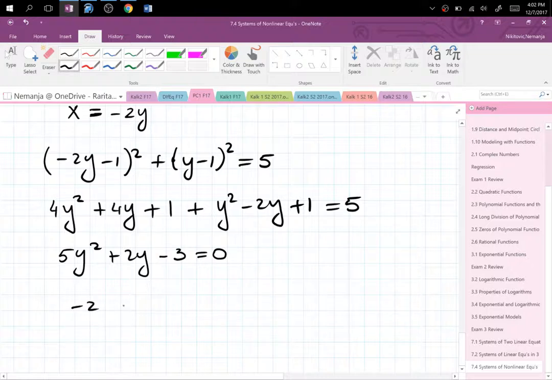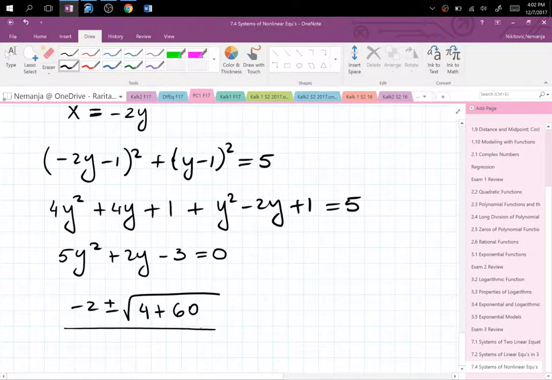Negative b, so negative 2, plus or minus the square root of b squared, which is 4, minus 4ac, so that's 60, divided by 2a, which is 10. So this is negative 2 plus or minus the square root of 64, very good, divided by 10.